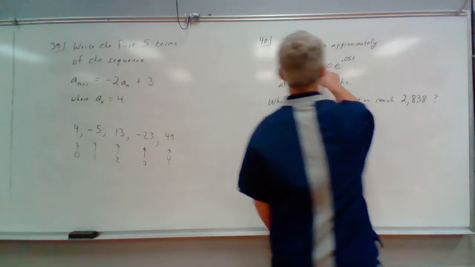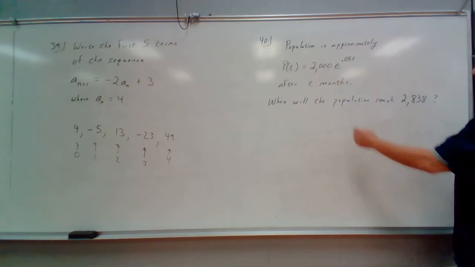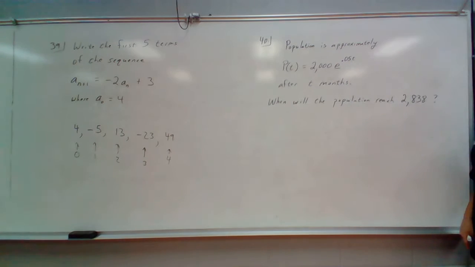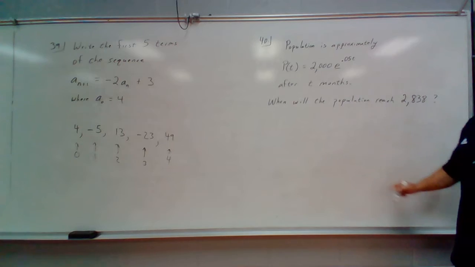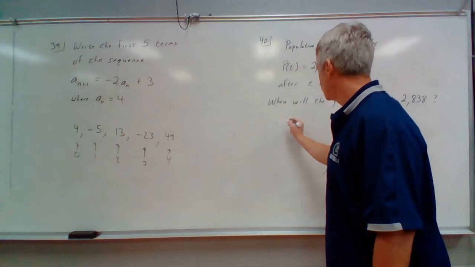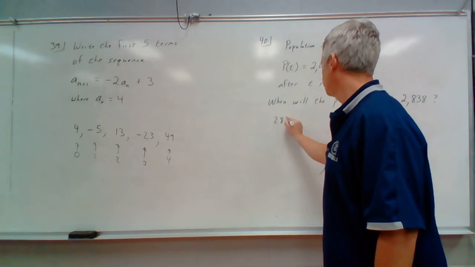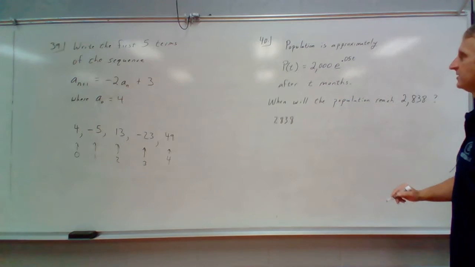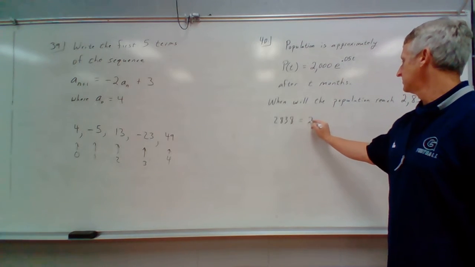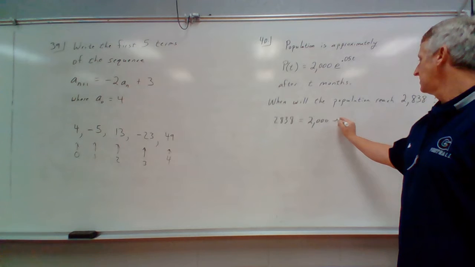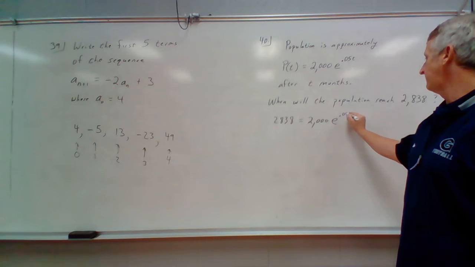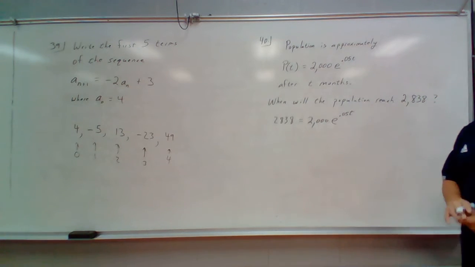All right, so we have this population that's given by this function after t months. There's my t. I want to know when will the population reach 2,838. So here's my population. So I have 2,838 equals 2,000 e to the 0.05 t.